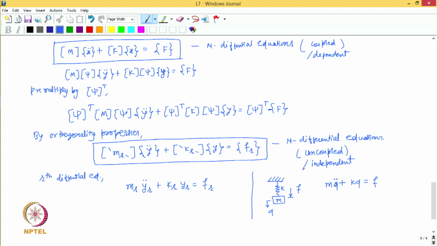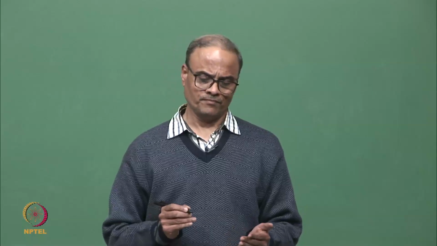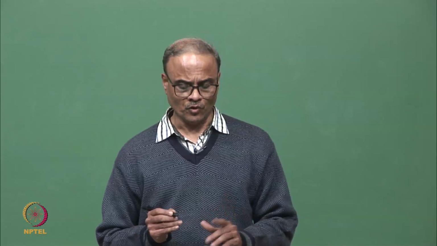Because there are n participation factors y, there are n differential equations. So, each differential equation corresponds to a mode of vibration. Therefore, this rth differential equation can be looked upon as the equation of motion of a hypothetical single degree of freedom system corresponding to the rth mode.